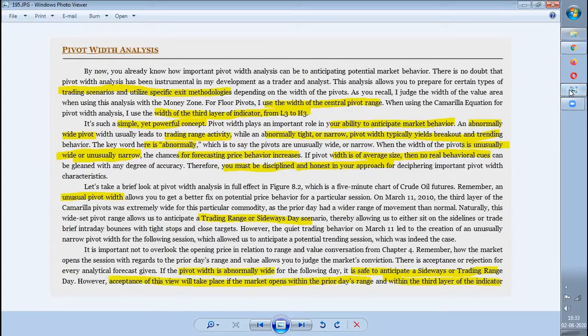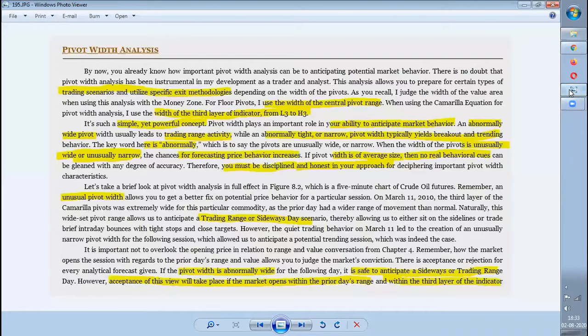I'm just talking about the CPR pivot width here: if the pivot range is abnormally narrow, kindly make note of the words abnormally narrow, or abnormally tight or abnormally wide, then the probability of the anticipation being correct is higher.